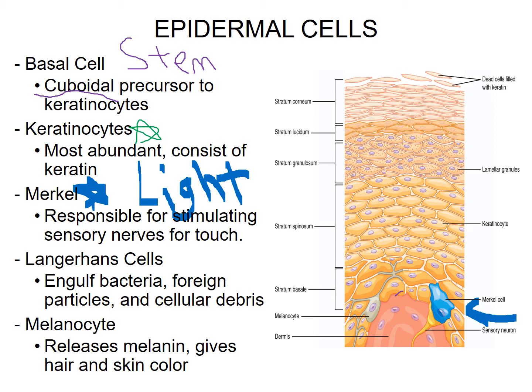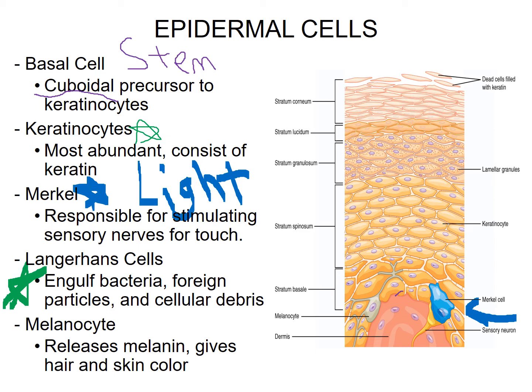They eat things. They're kind of like an octopus-looking structure with tentacles, and the tentacles grab onto things and just swallow them up. So they eat bacteria, any foreign particles in your skin, and even flakes of dead skin that are swimming around. So this is the immune part of your epidermis.